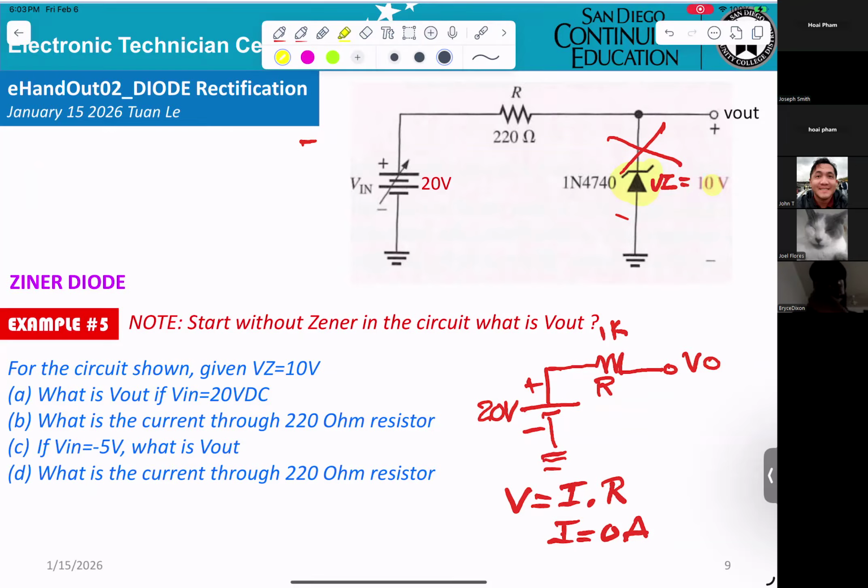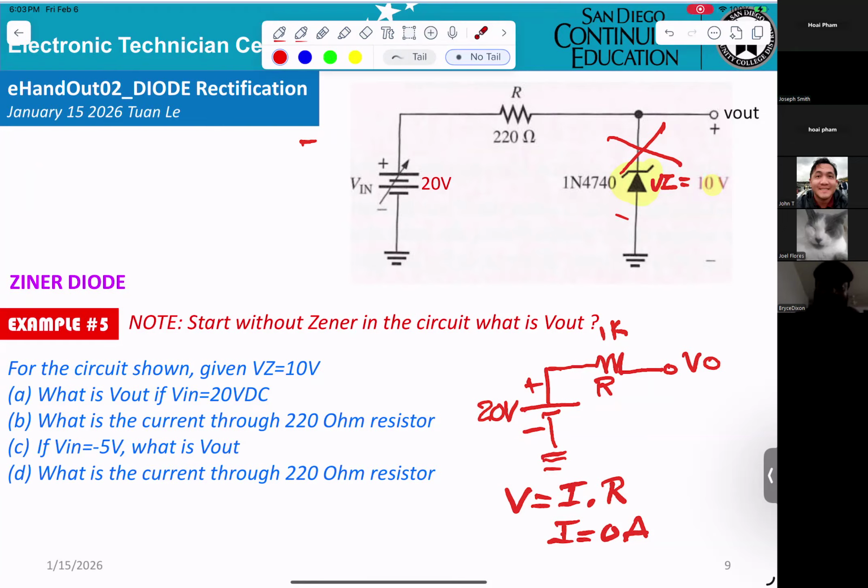You have to know whether the zener diode is on for zener, on for normal, or off. Okay? In order to do that, first thing, we have to suppose there is no zener here. What is V out?